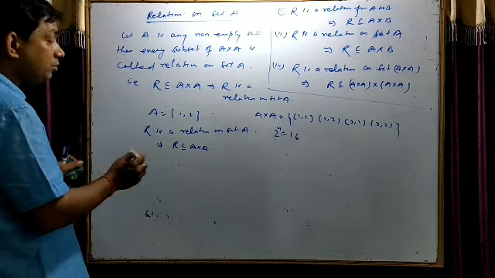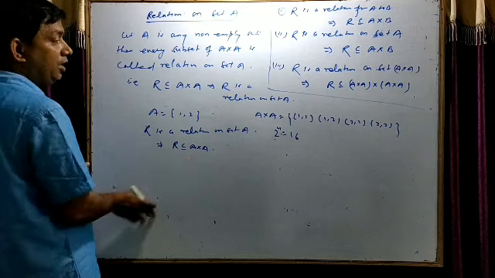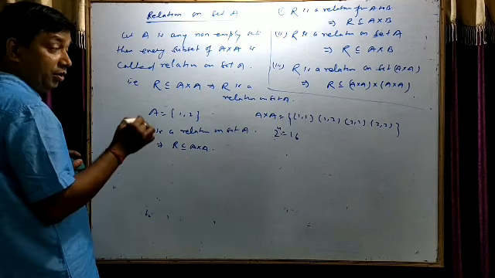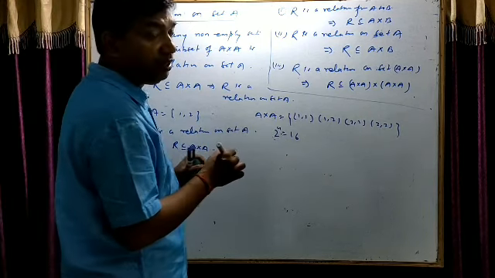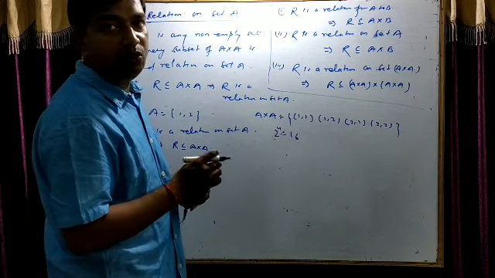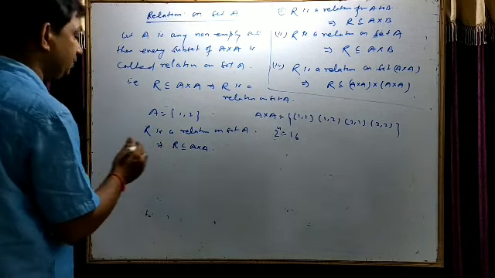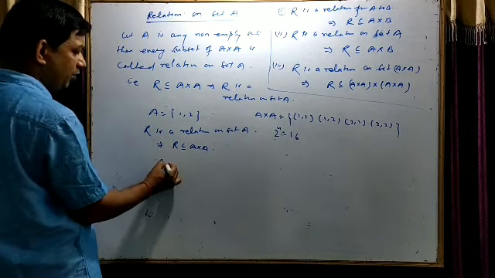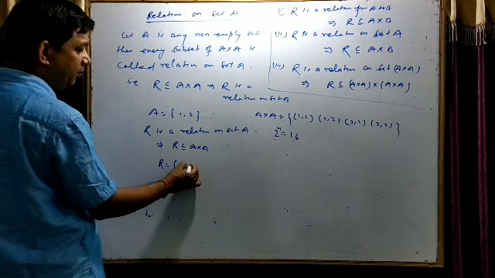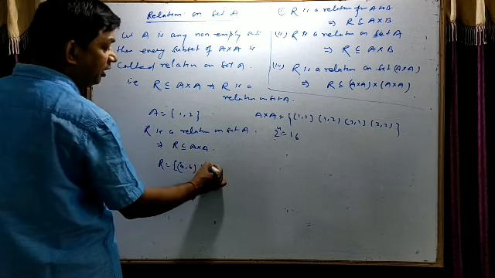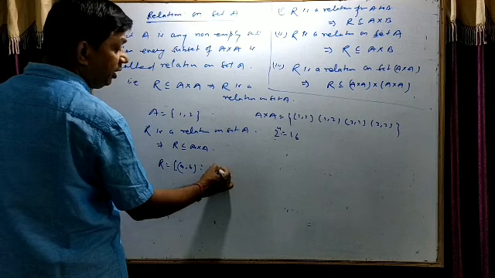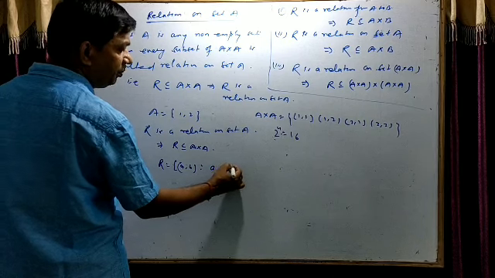Now R is a relation. I already told you a relation means it is a rule, and a rule is always defined. So the rule is R equal to {(a, b) such that a less than b}.